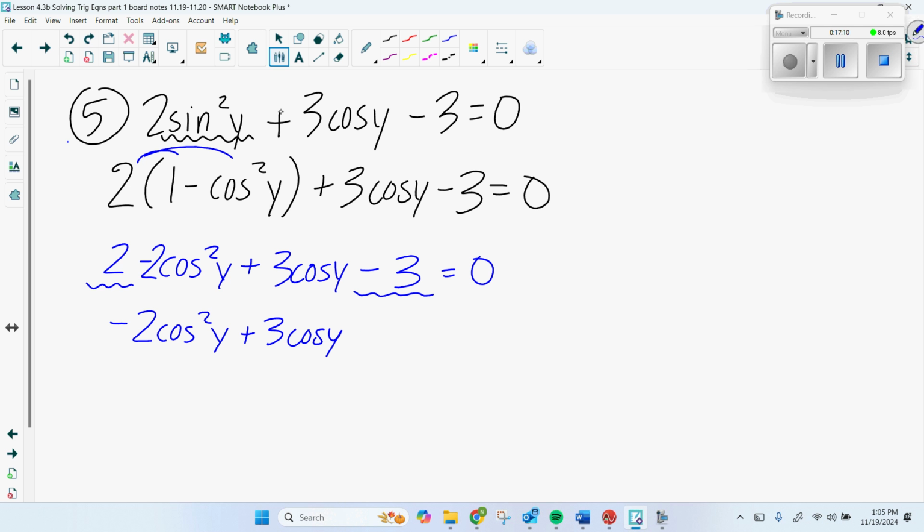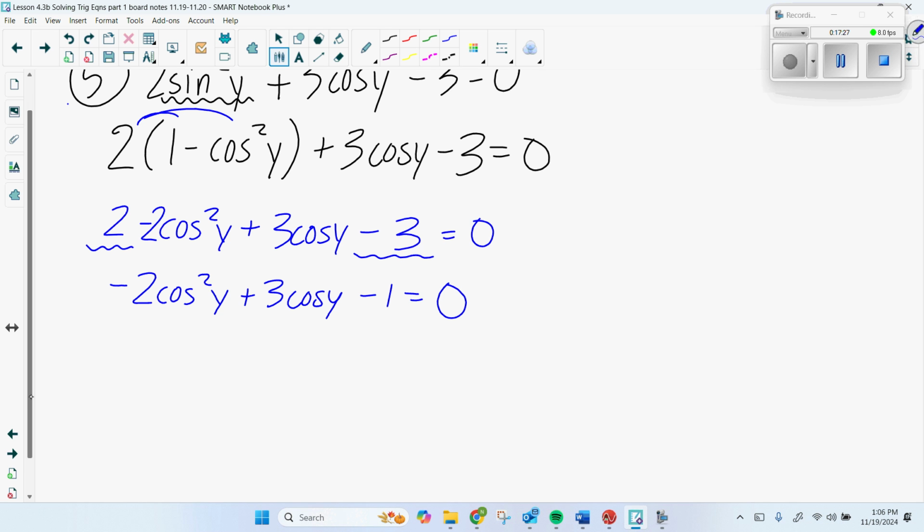That's going to just become minus 1. Okay, now I have a trinomial with a squared and a not squared and a number, and they're all the same thing. Oh, yeah, sorry, 2 minus 2. So 2 minus 2 cosine. Yeah, sorry. I forgot the 2 at first and I had to squeeze it in.